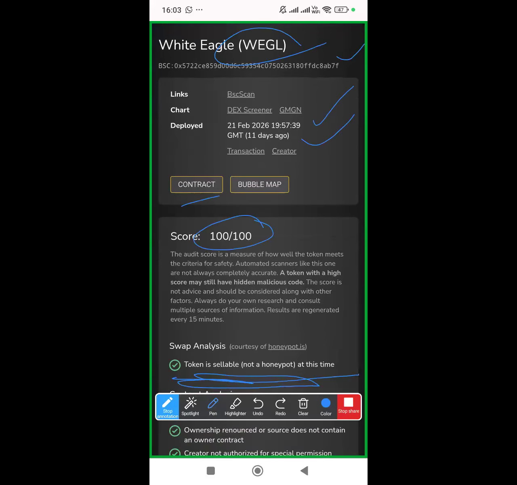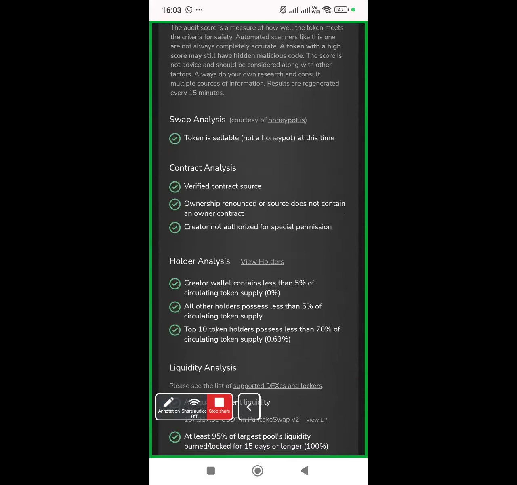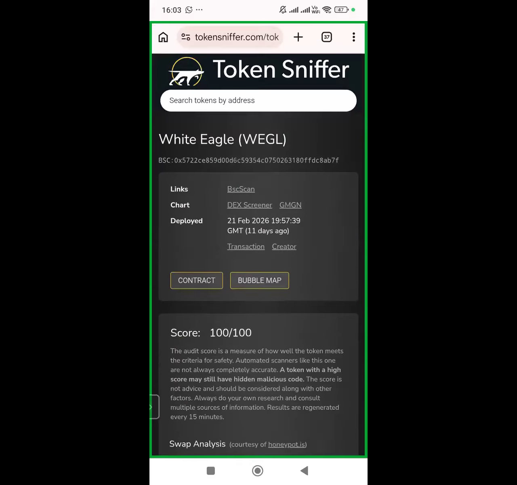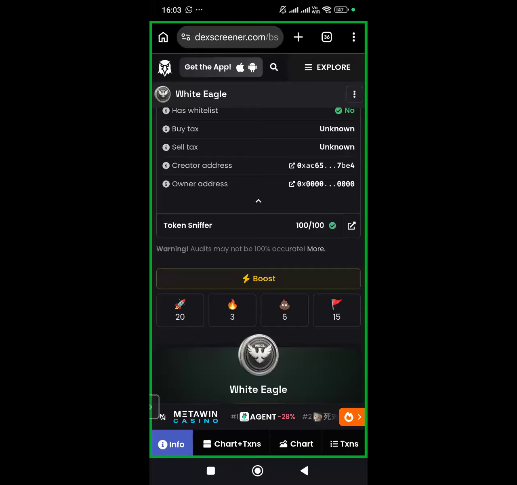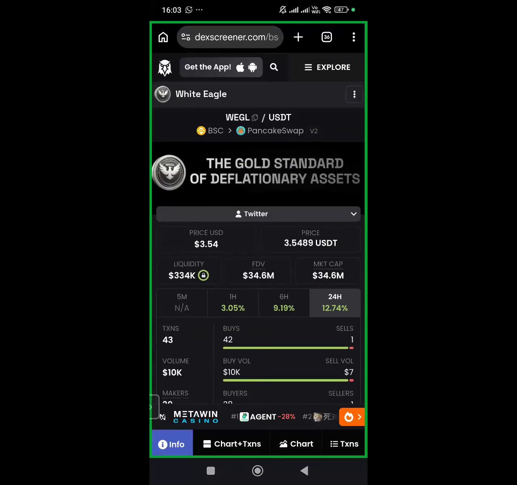It's not a honeypot where nobody can sell. There is no honeypot. You can check all the analysis: verified contract, ownership renounced, everything on Token Sniper is here. Everything, my brother. So I think I have proved at least that what White Eagle is saying is 100% okay.